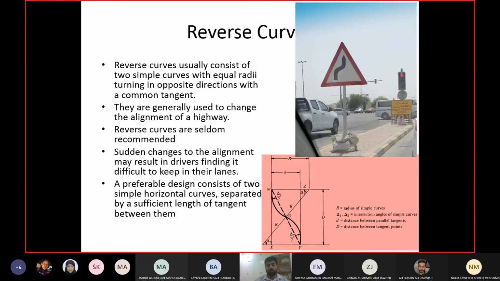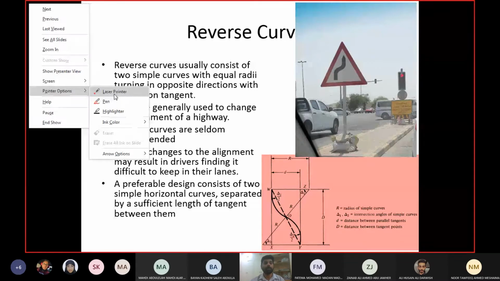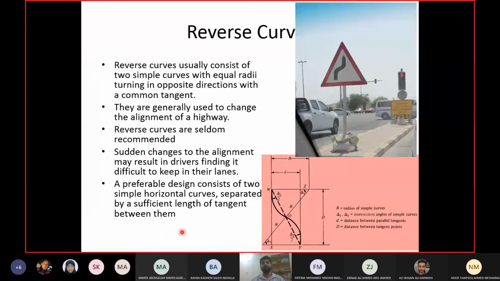A good alternative to a reverse curve is providing a broken back curve. I discussed broken back curve yesterday as well. So instead of having those two curves meet at this point O, you provide some straight distance between them as well.